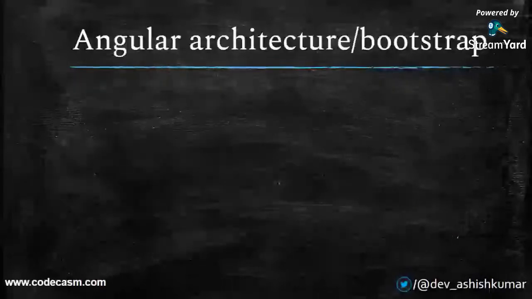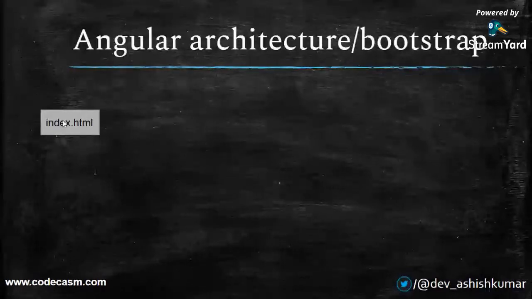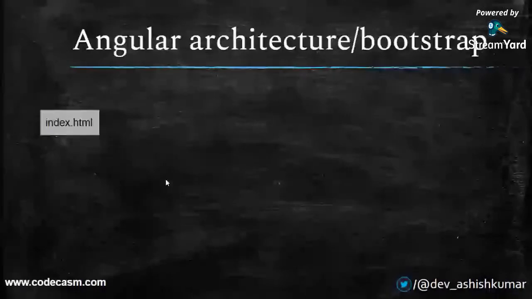So, Angular architecture and Bootstrap. As I have mentioned, I just told you some architectural things of an Angular application. Here index.html is the main file which is rendered first when our Angular application is called, and it gets all the information from app module.